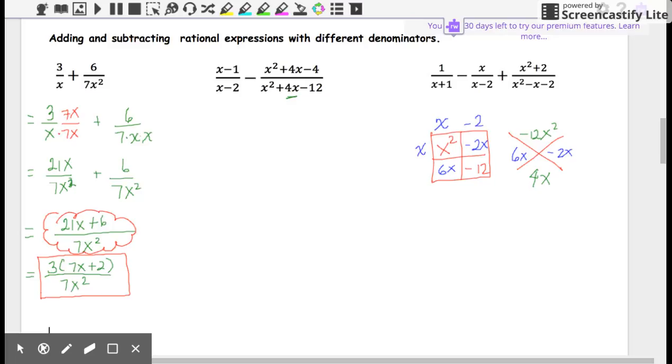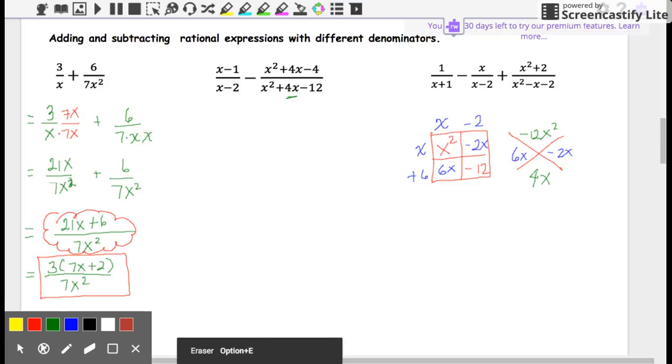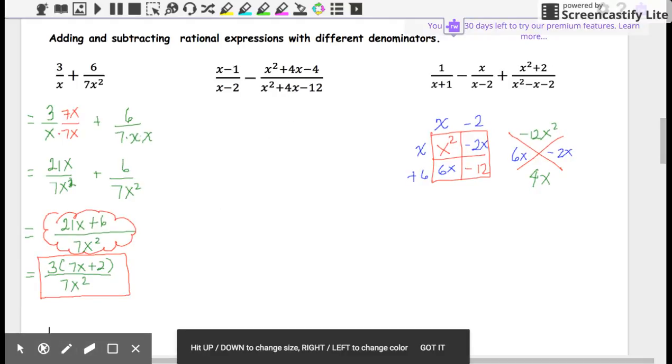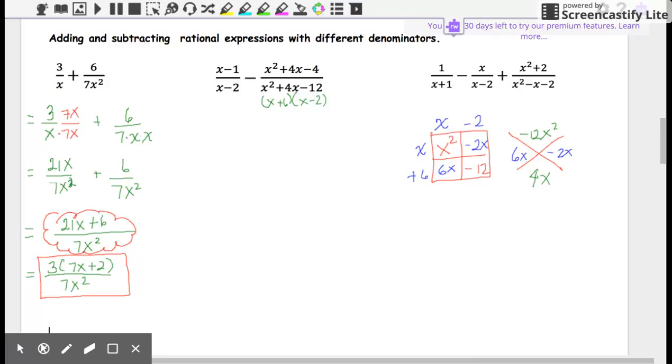And x times something equals 6x, it's going to be plus 6 in here. Therefore, the factors are x minus 2 and x plus 6. So let's put the factors here: x plus 6 and x minus 2.